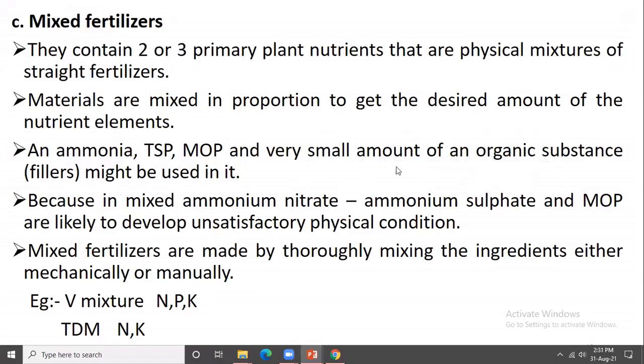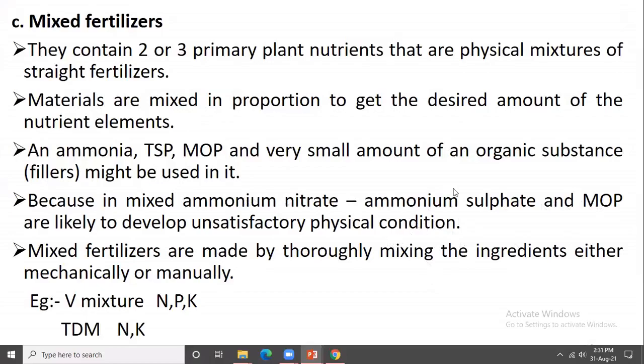Organic substance is used as a filler material because a mixture of ammonium nitrate and ammonium sulfate is likely to develop an unsatisfactory physical condition. That's why we use a small amount of organic substance as the filling material.